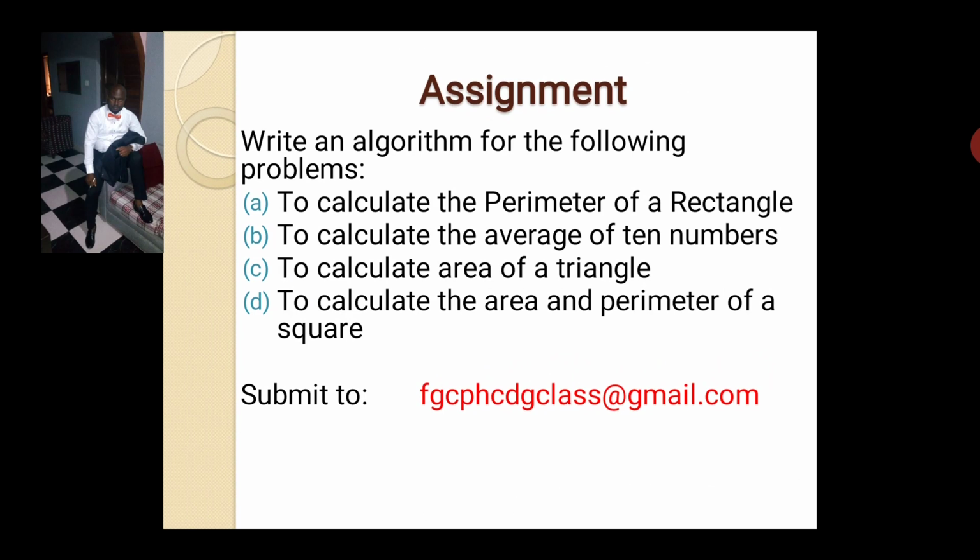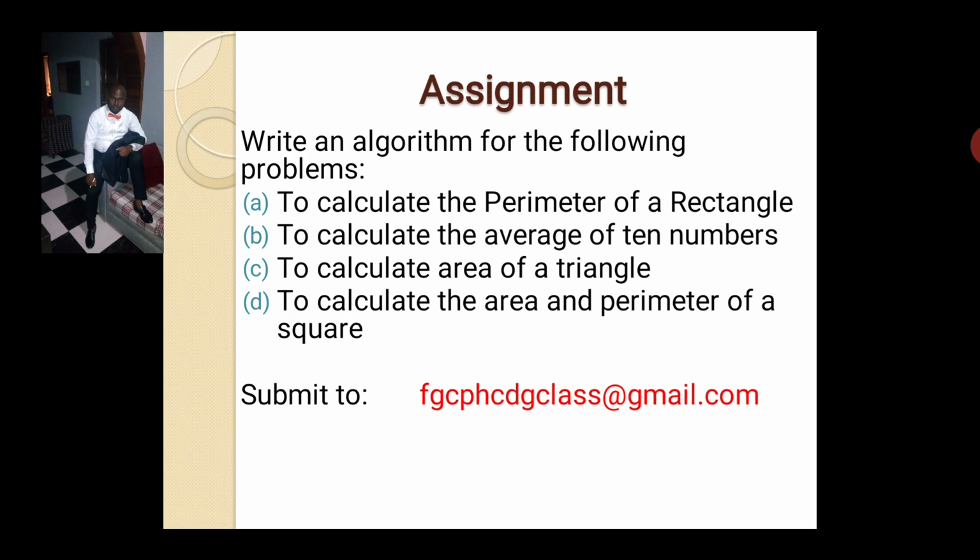B, to calculate the average of 10 numbers. C, to calculate the area of a triangle. And the fourth one, calculate the area and perimeter of a square.